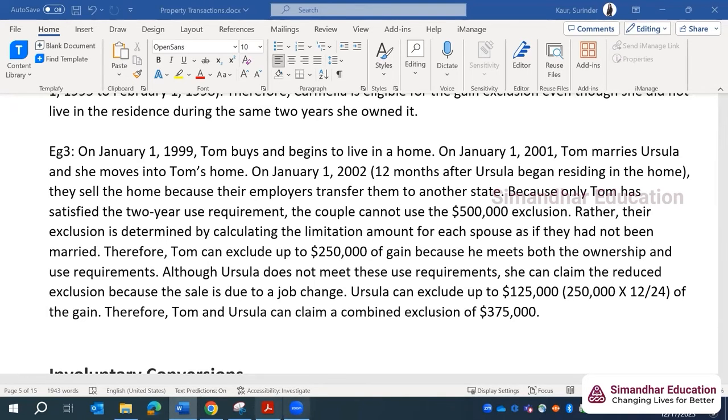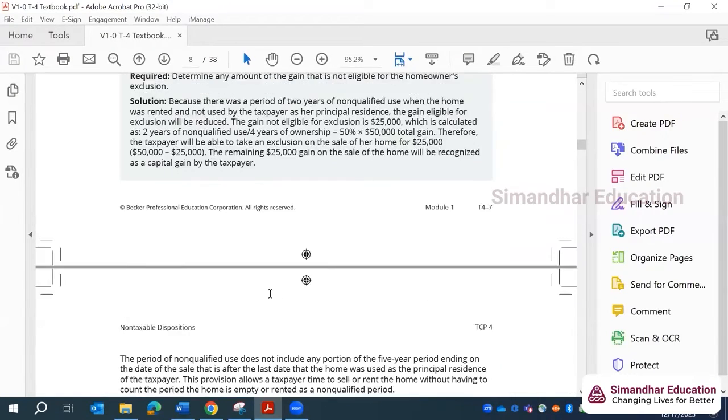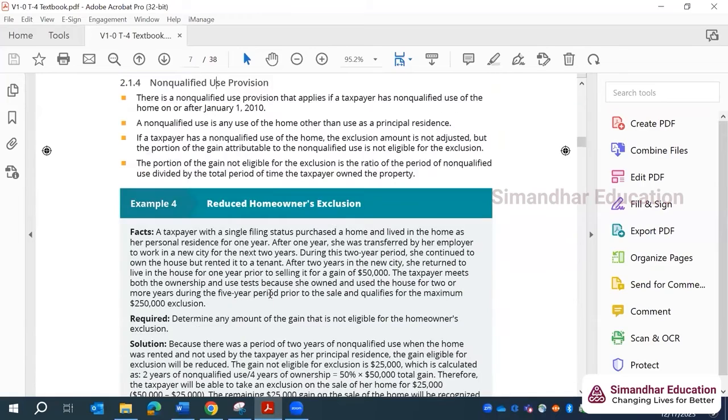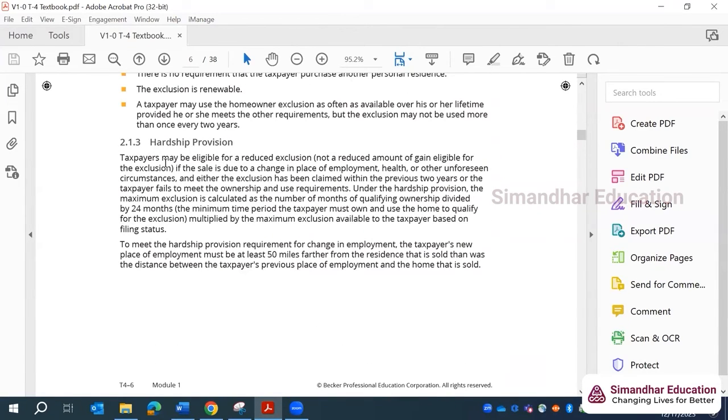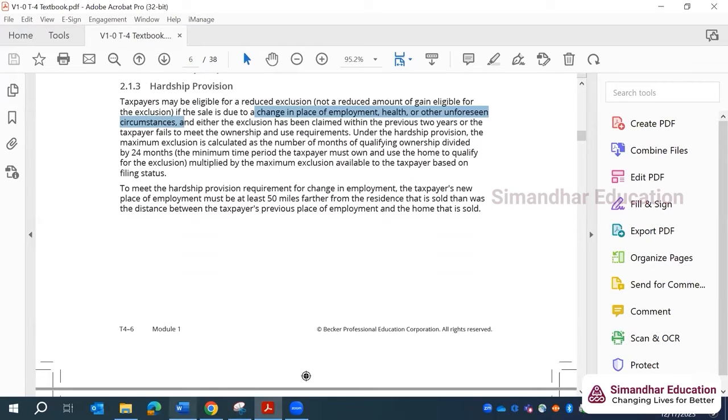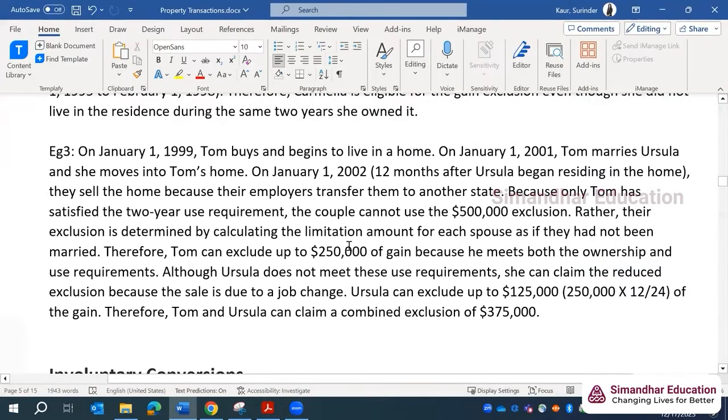Okay, so if we go back to the content here, let's see what the hardship provision says. The hardship provision says that in case of change in the employment, health, or any other unforeseen circumstances, they are all eligible for hardship provision. So now, if I ask you the question again, is this falling under the hardship provision?